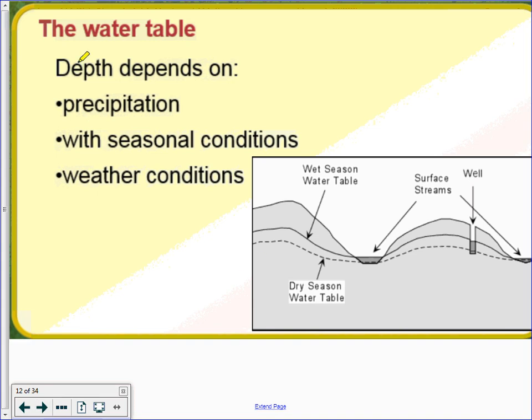Now the water table itself, it changes depth. So sometimes the water table will be high, and then other seasons it will be low. This drastically affects those of you who live in New River or Desert Hills and you have a well. The depth of your well is going to be based on the precipitation amount we've had in the last few months, what season it is, and how the weather has been.